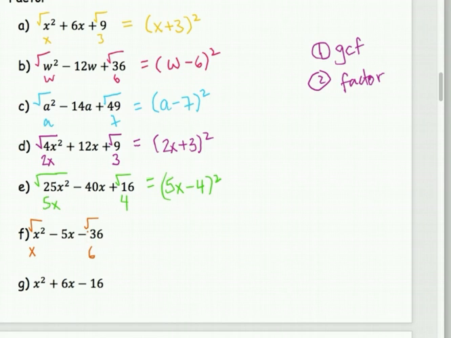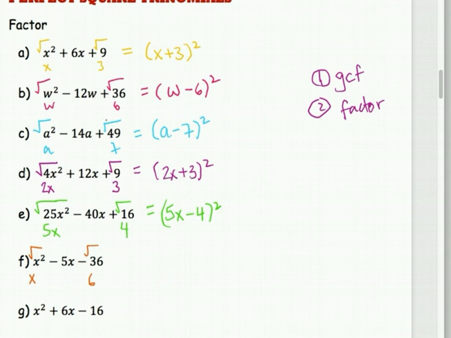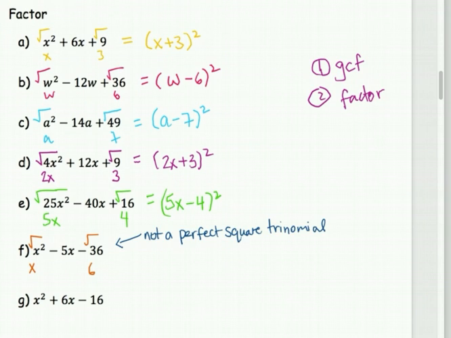But if you look here, all of these ones above, the last term was positive. In this case here, it's negative. So you've got to be careful and think, you can't square root a negative. And on top of it, if you were to check the other condition, if I take 6 times x and multiply by 2, I should get 12, not 5. So this is how you realize, okay, this trick method can't be used here because you don't have a perfect square trinomial.